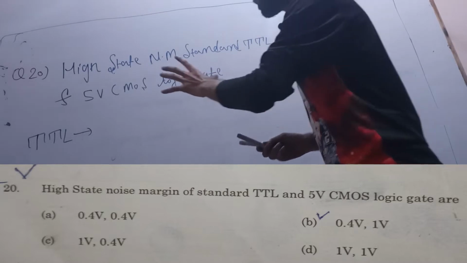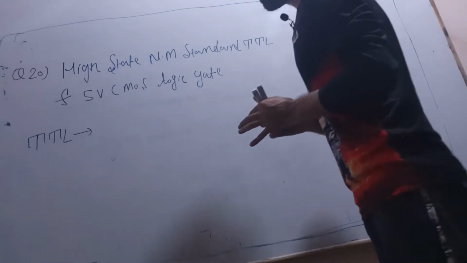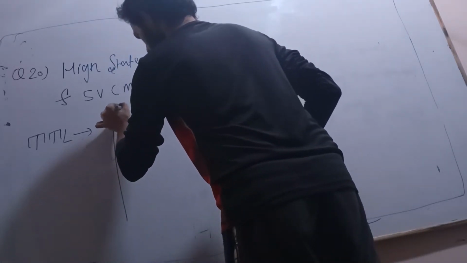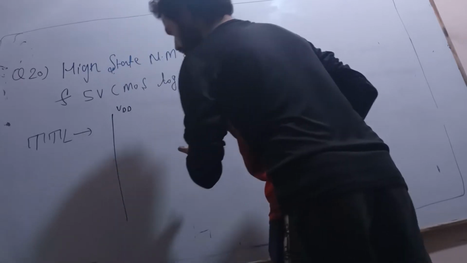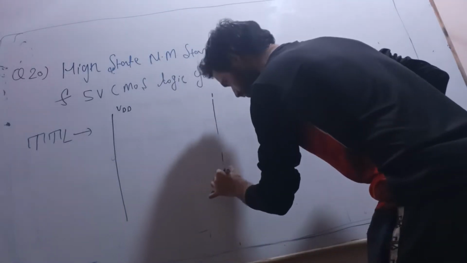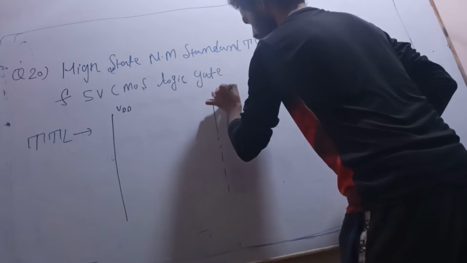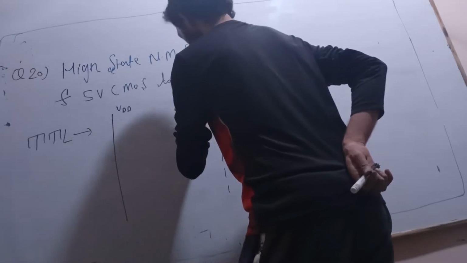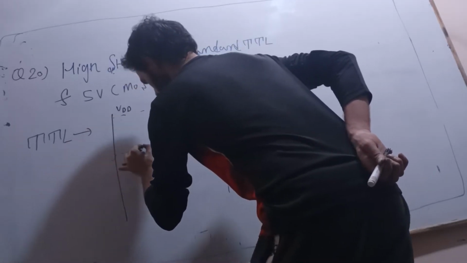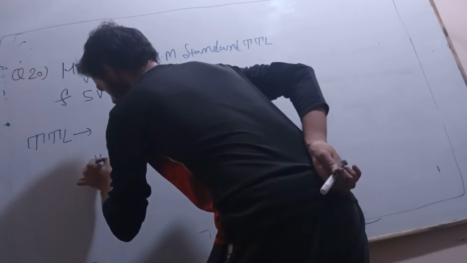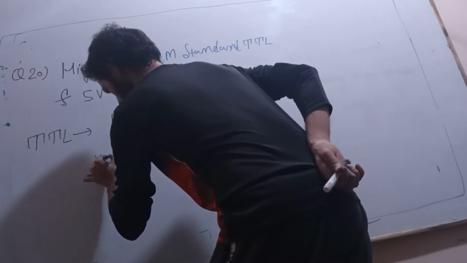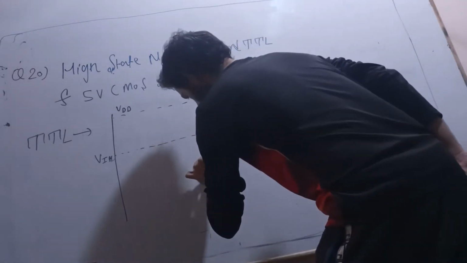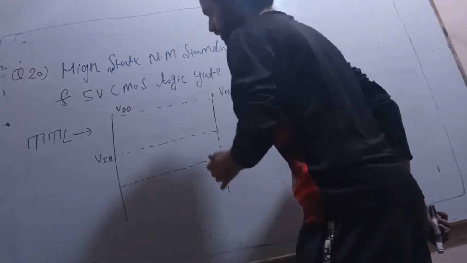If you see the noise margin, first of all you see here V in. Let us say this is my VDD, and here is my output, V out. Somewhere here is my VIH, the maximum high input voltage, and this is my forbidden zone.